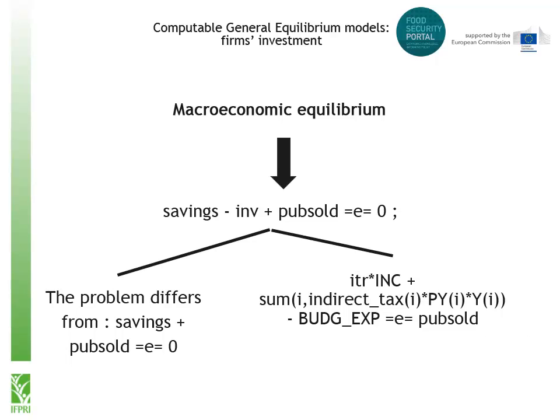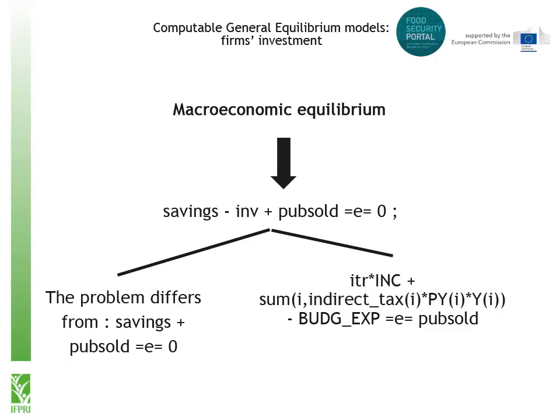So let me think about it. Either we say that this public budget constraint determines public expenses or public sold. Well, if we let public sold vary, it's a problem. Why? Because let's consider the case of a study of variations in income tax rate or variations in indirect tax rate.